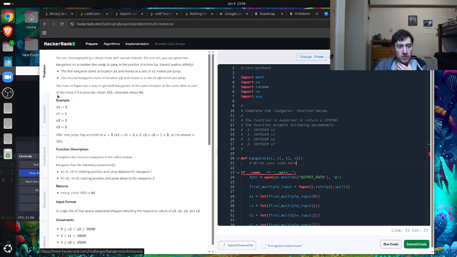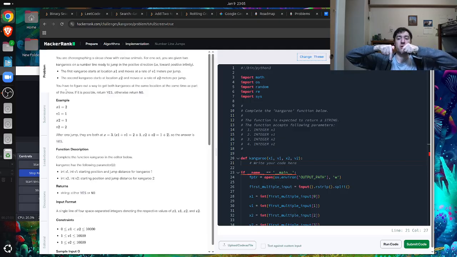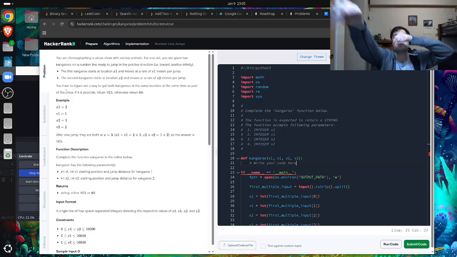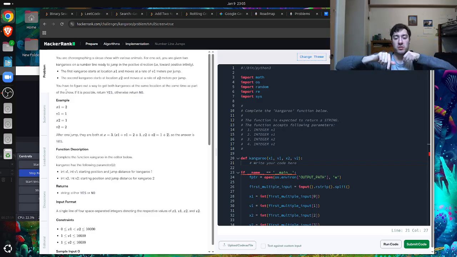At the same, part of the same show. So there's two questions, kind of. Let's imagine that one is going faster, right? Let's say that the one ahead of it is faster. And so we jump one time, but when we jump, this one jumps much further. And so they're never going to meet, okay?